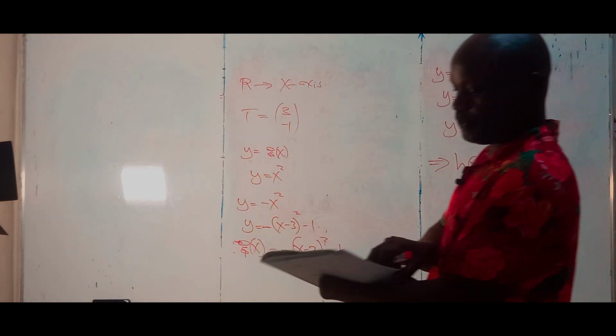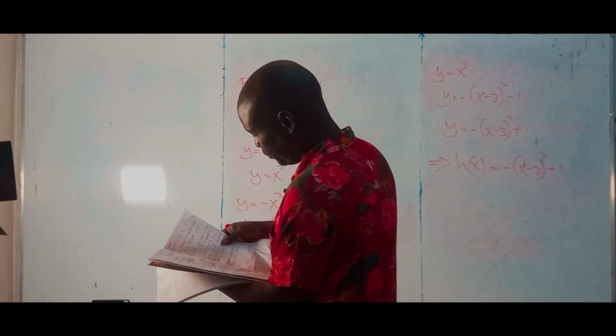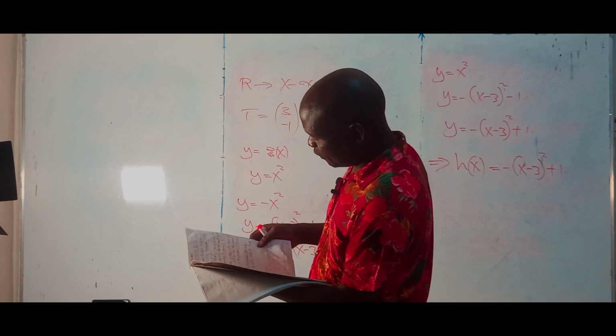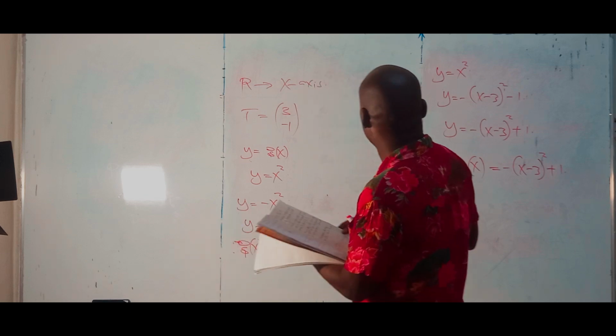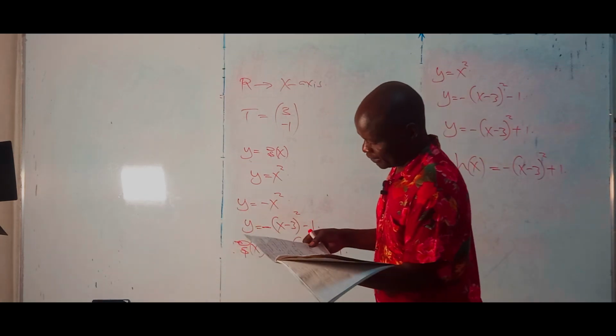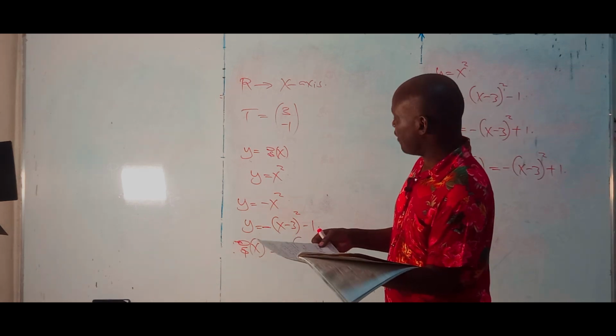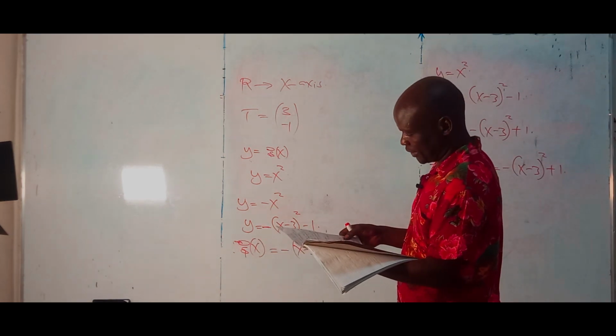Then part C: state fully the transformation that maps the curve y equals g(x) onto the curve y equals h(x).